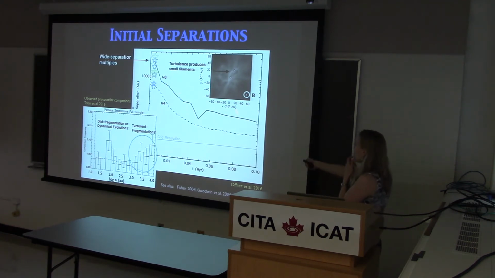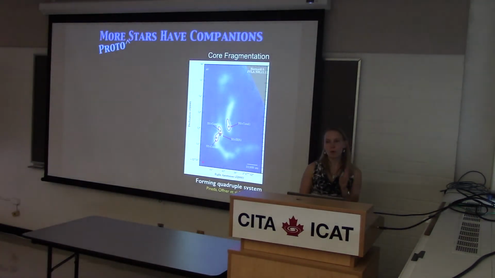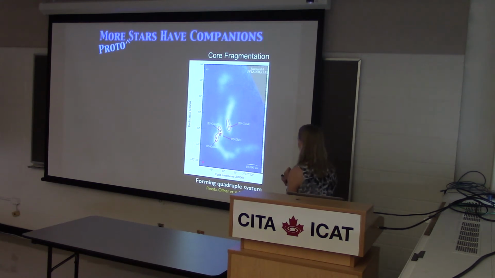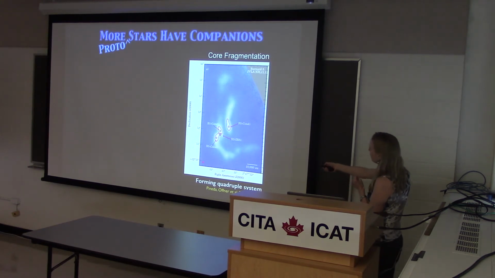So this makes one prediction, but what about actually trying to catch these systems in formation? It turns out there have been 2 Nature papers on this recently, where we have caught forming multiple star systems. Here's a system which is even pre-stellar. There's one low-mass protostar. This is in B5.